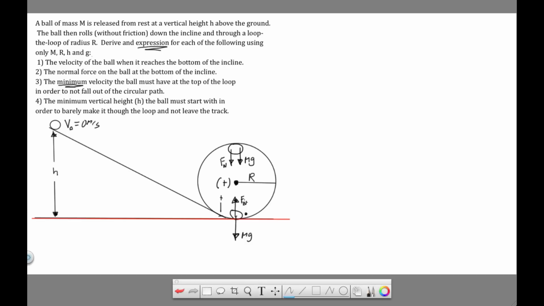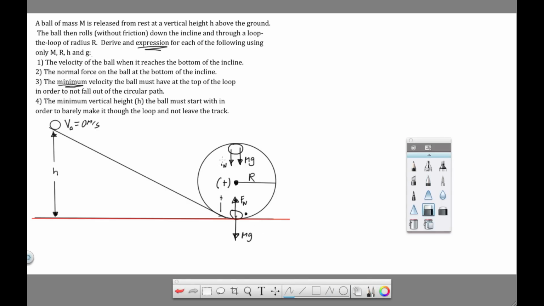But as the ball goes slower and slower, say you send the ball through the loop 100 times, each time slower, the track pushes with less force on the ball as the ball slows down, until finally the normal force goes to 0. So when the ball barely makes it through this loop, the normal force goes to 0. So I'm just going to erase this normal force.